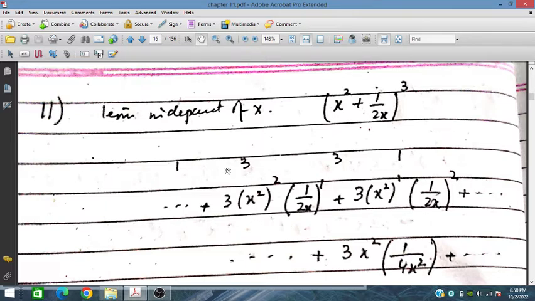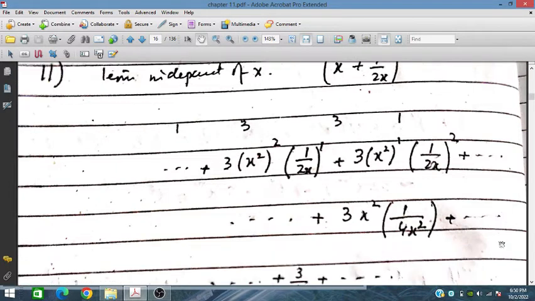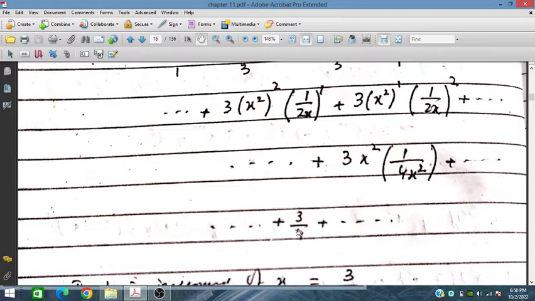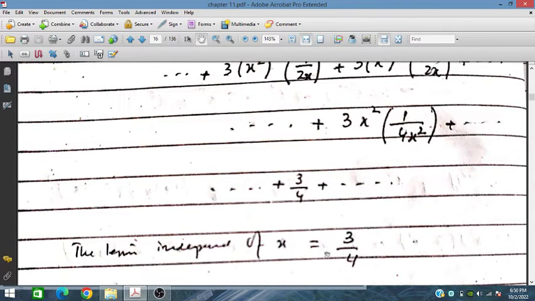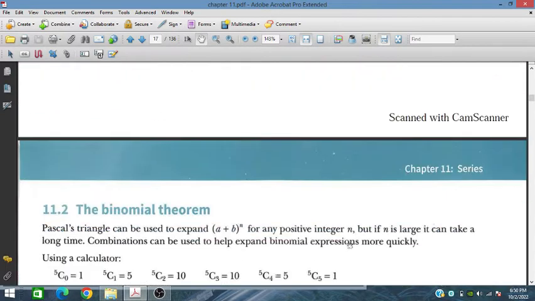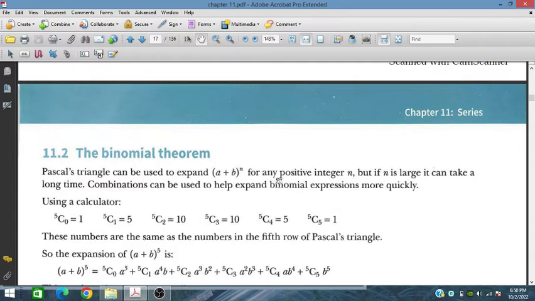We will expand it by using Pascal triangle, with A and B. This is A, this is B. Using expansion, we find that this value, where this is a square and this is power 1, the square will cancel out and we will get a term independent of x. So this is independent of x, that is 3/4. So it's very easy. Now we proceed to 11.2.